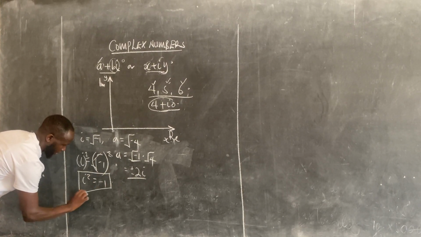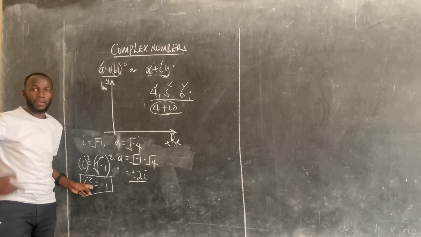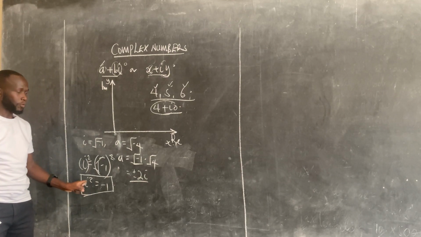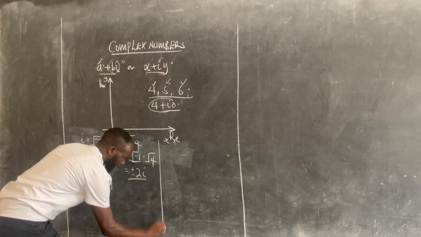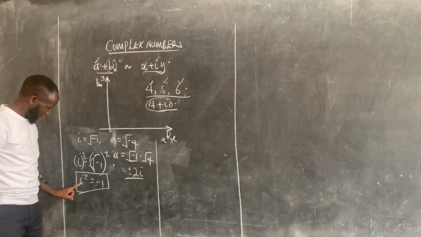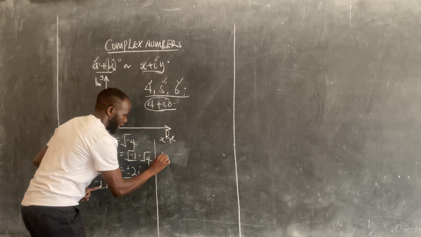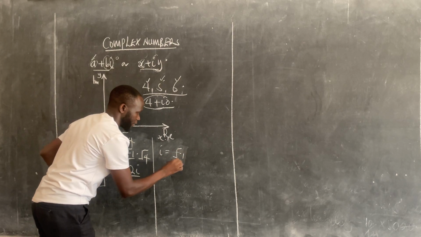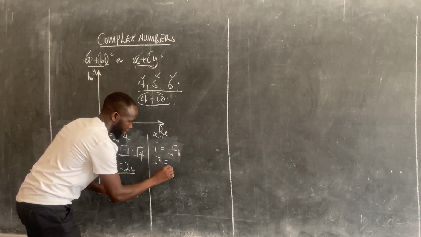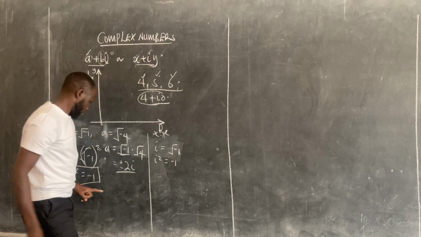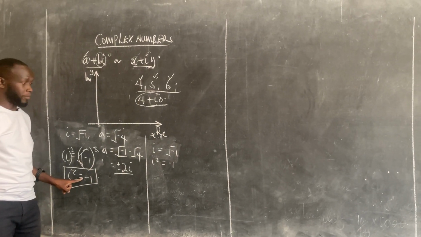This should sink deep into your mind: wherever you have i squared, it is always negative 1. So we said i equals the square root of negative 1, and now we have i squared as negative 1, just like we've seen after squaring both sides.